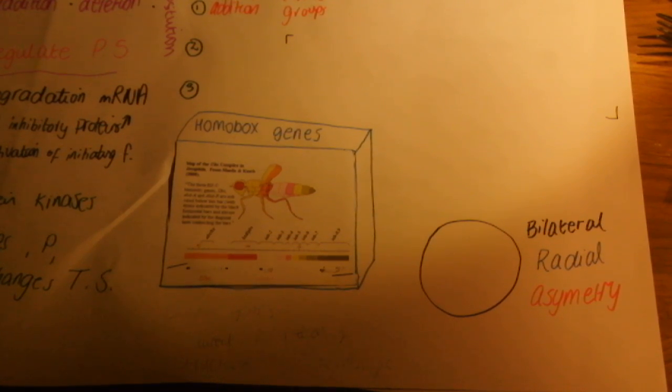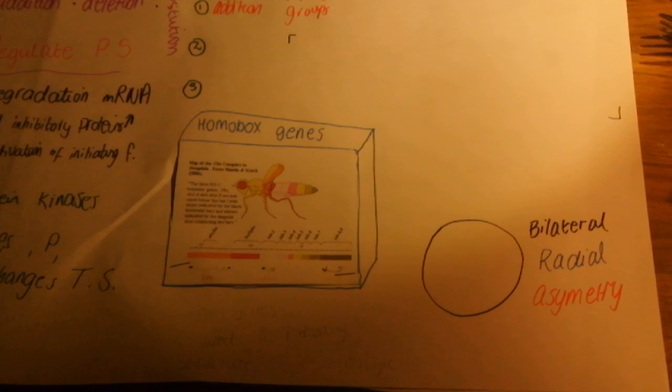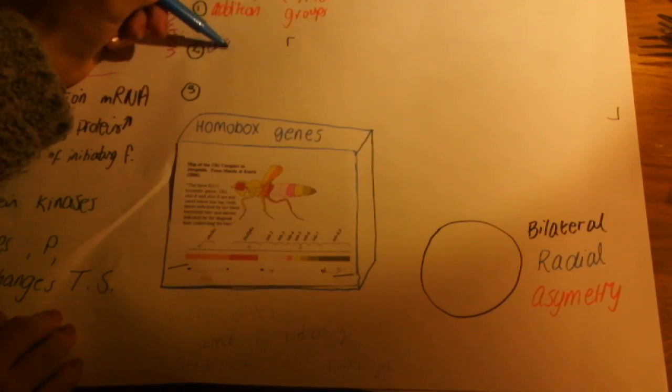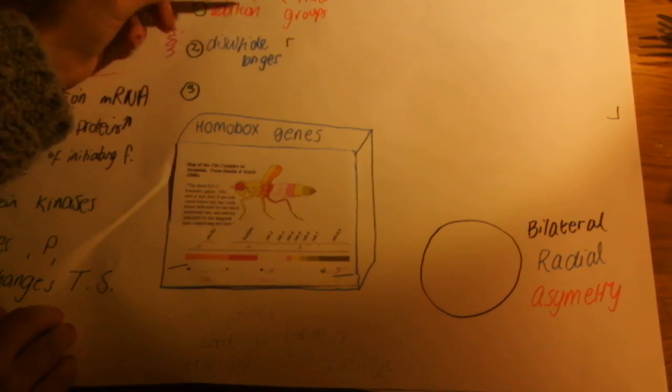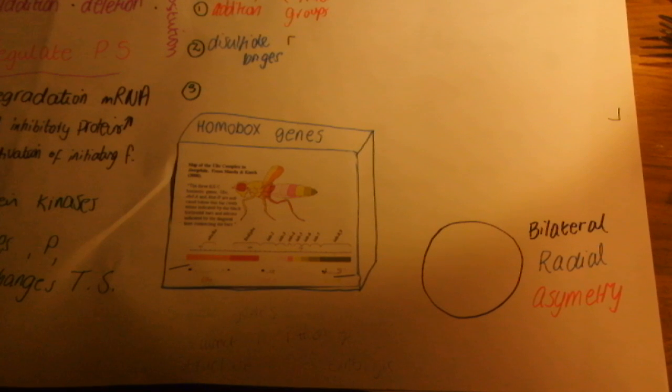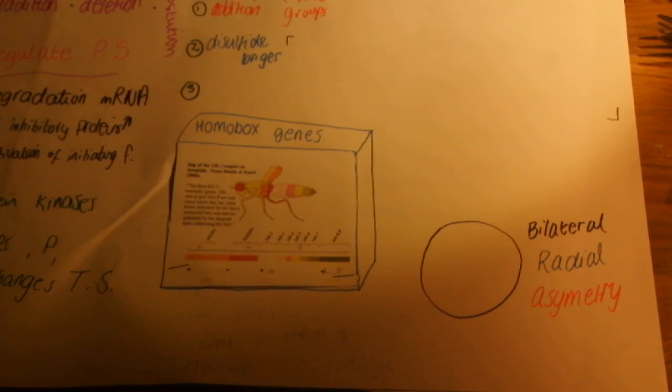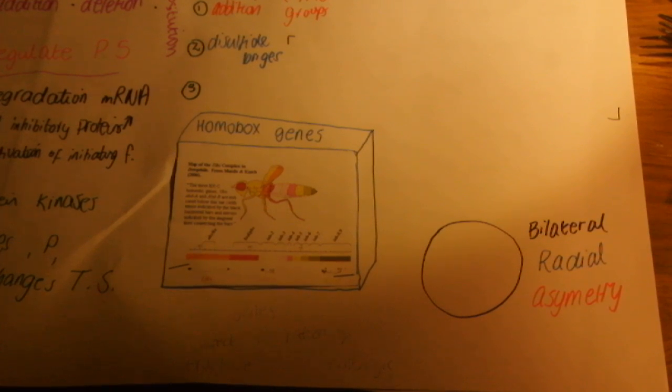Secondly, modifying the amino acids and forming bonds such as disulfide bridges. So these are more bonds. So we've got here addition of non-protein groups, carbohydrates, phospholipids, lipids. And then secondly, we've got modification of the actual amino acids.